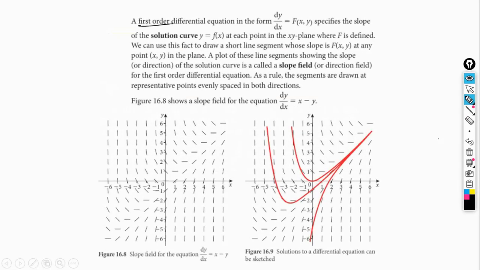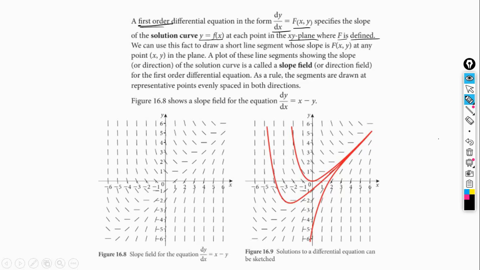A first-order differential equation in the form dy/dx equals f of x, y specifies the slope of the solution curve y equals f of x at each point in the xy plane where f is defined. So let's recall that a first-order differential equation means that it has a first derivative as the highest derivative.